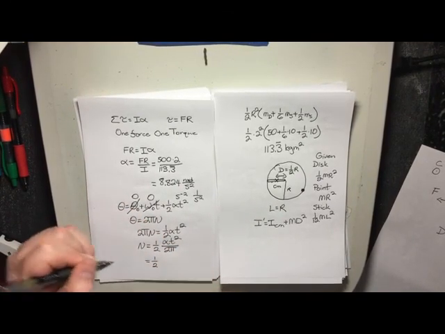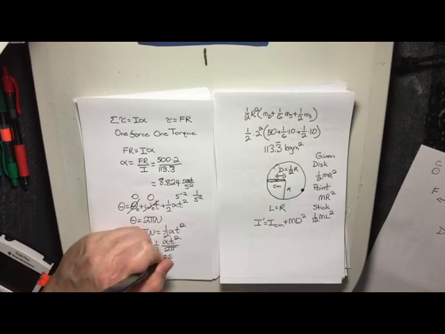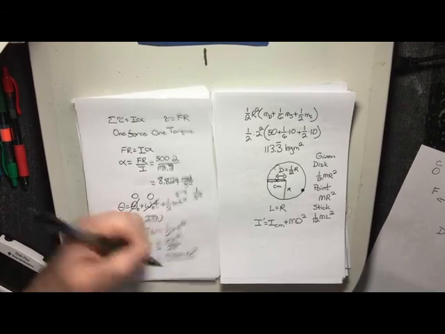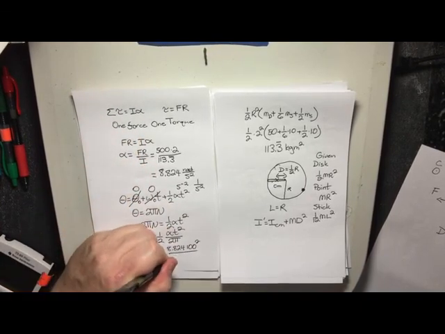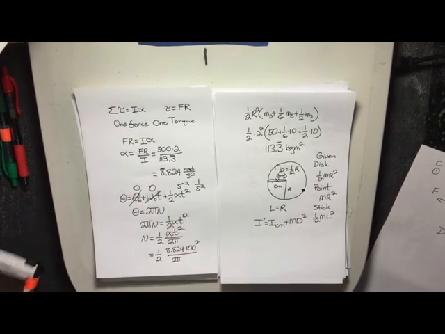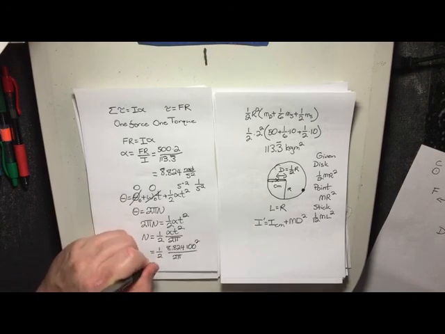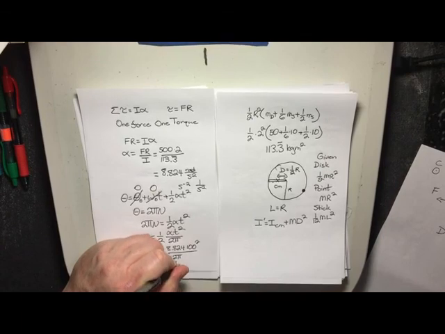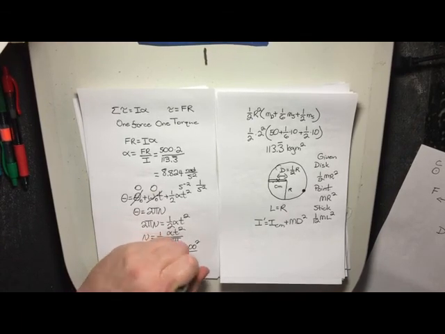So 1/2 times 8.824 times 100 squared over 2 pi. So the number is 7,021.5 turns.